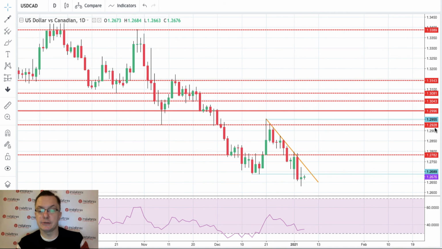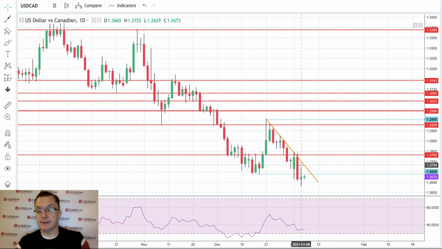That would be interesting to see, because at one point or another, this divergence will be resolved anyway, will be traded by the market participants. The key now is to break out of this downtrend, right? To break higher above 1.2782 basically.